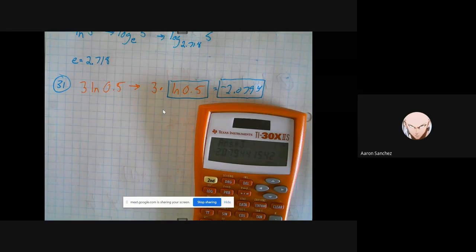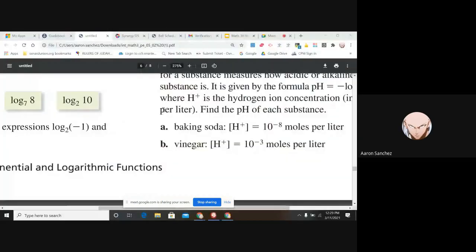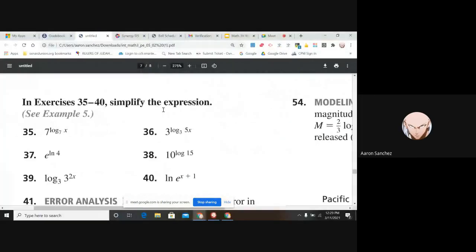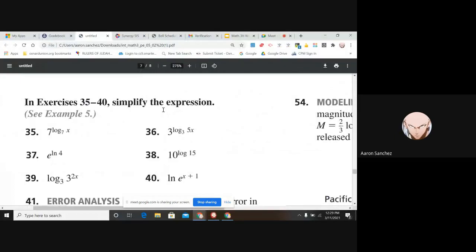Going to 35. Okay, simplify the expression. A couple of things here.